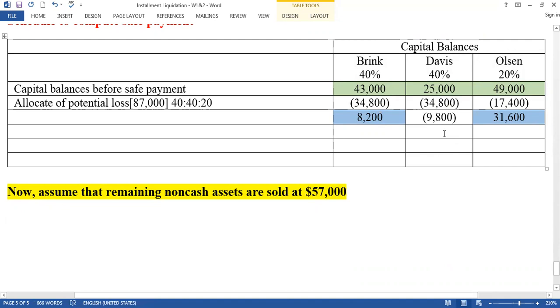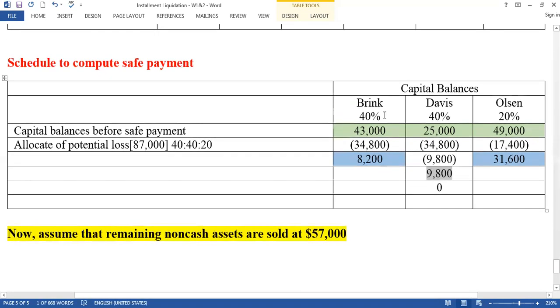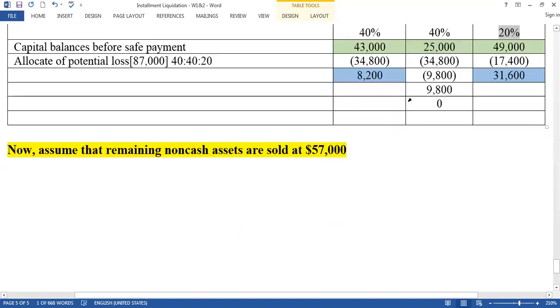Can you remember? We learned that previously. So 9,800, we are going to make him 0, and we are going to allocate this loss 40% and 20%, right? Now, what is the case?